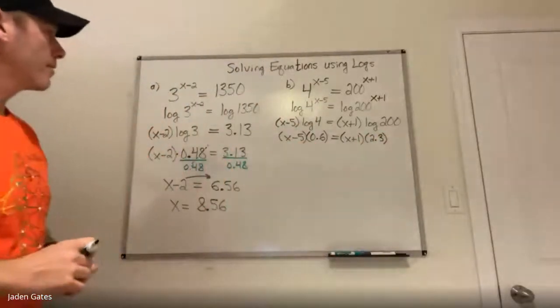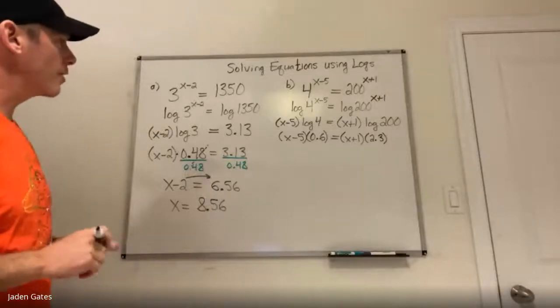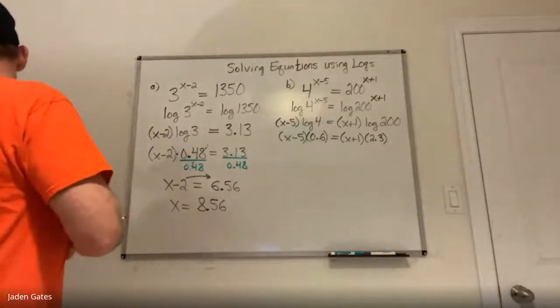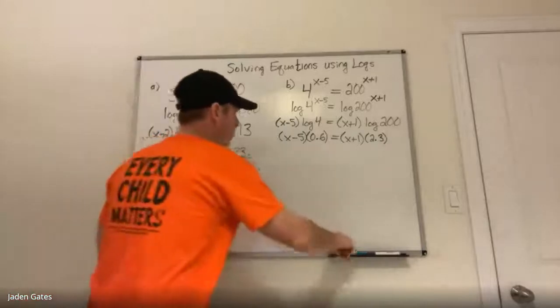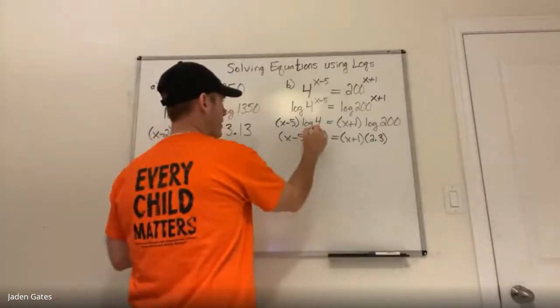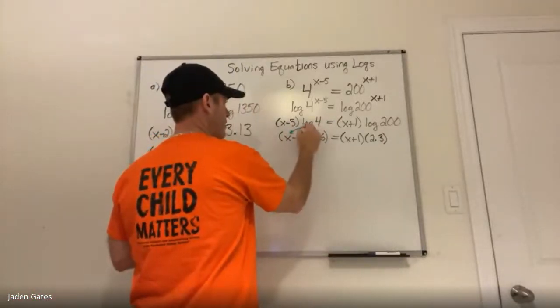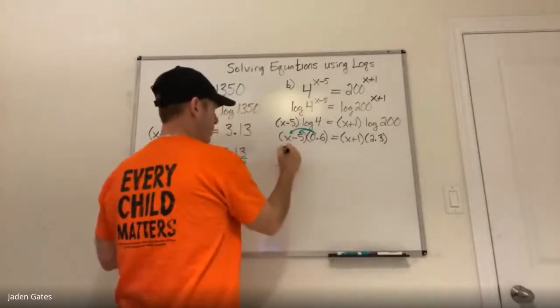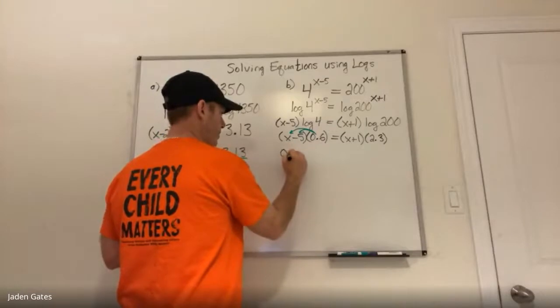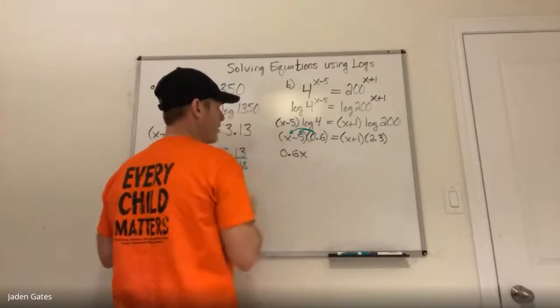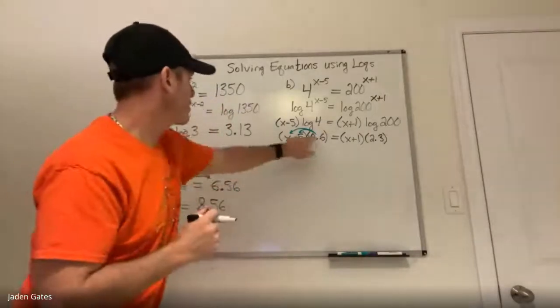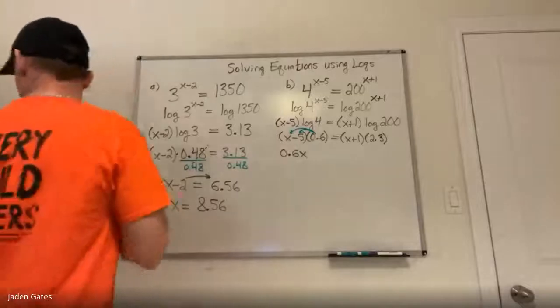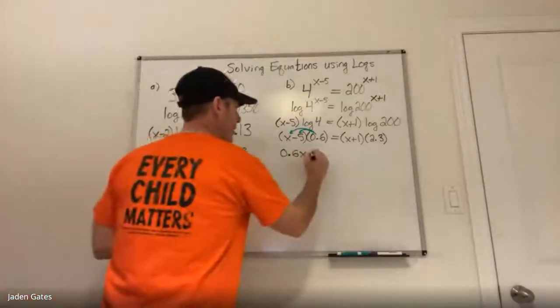Now I've got some solving to do here. I want to solve for x. So here's what I'm going to do: the rainbow rule. I'm going to take my 0.6 and times it by x, and take my 0.6 and times it by negative 5. Well, 0.6 times x is 0.6x, and 0.6 times negative 5 is negative 3.